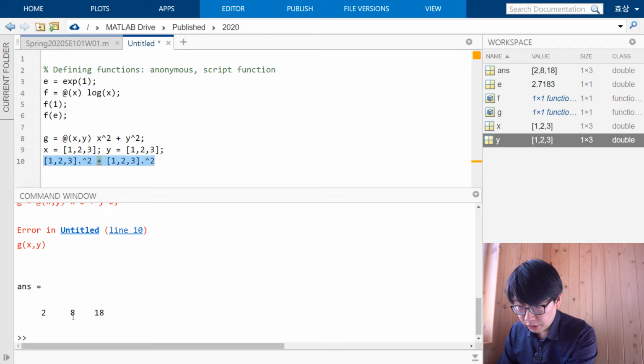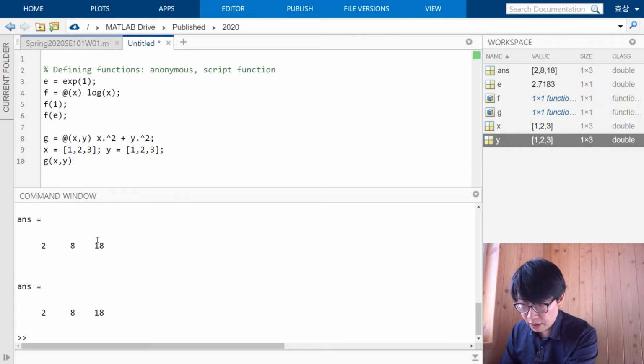The result is 2, 8, 18, because 1 squared plus 1 squared equals 2, and so on. If I put a dot in front of this power, then I get the same result by taking the value of function g, putting in x and y, right?